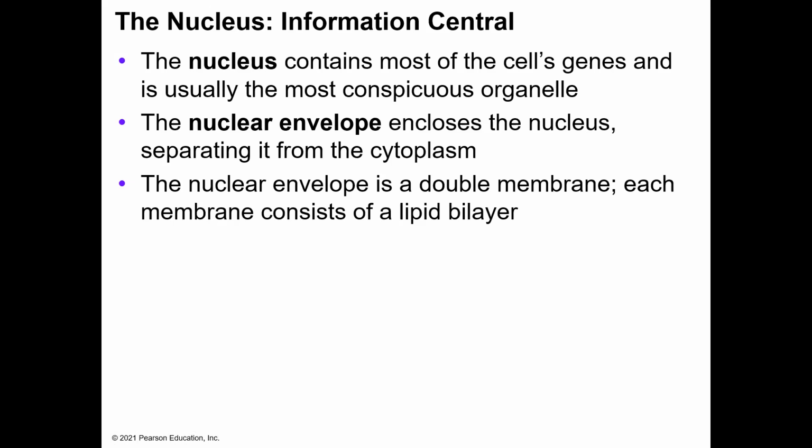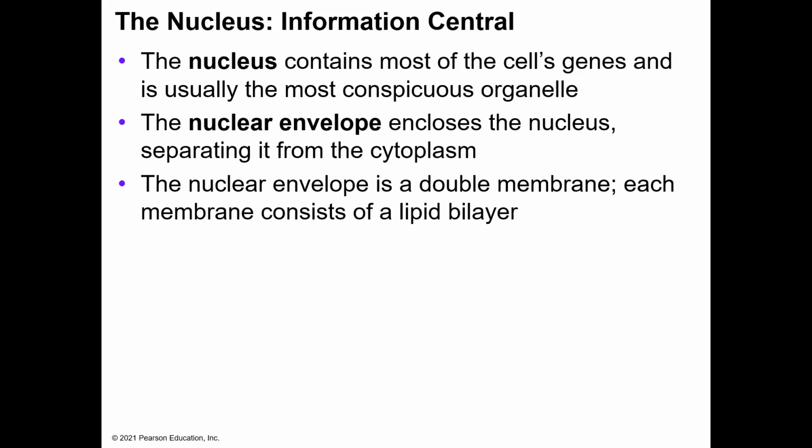And so when you are looking at cells, and you can stain them, the nucleus is the first thing that pops out for many people. Now, the nucleus is surrounded by a double membrane called the nuclear envelope.